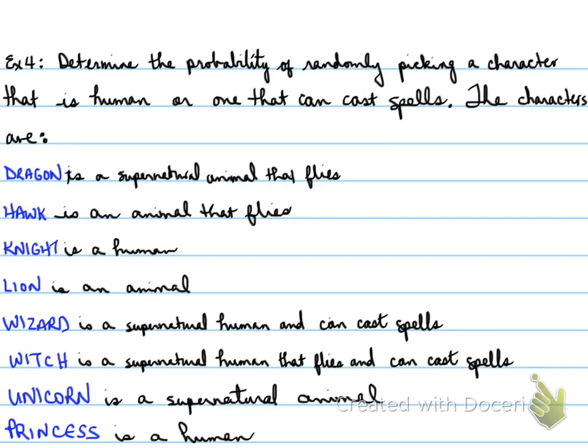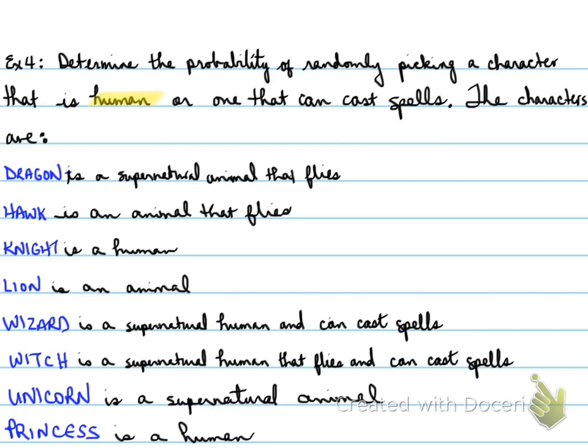So, the characteristics we could have are supernatural, animal, flies, human, cast spells, and that's it. So those are the different characteristics. We want the characteristics that are human or one that can cast spells.